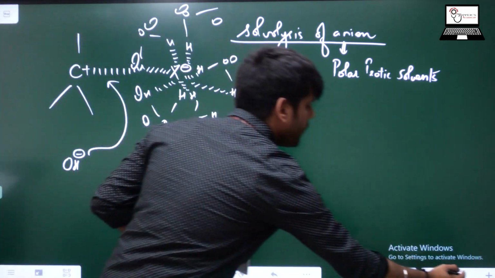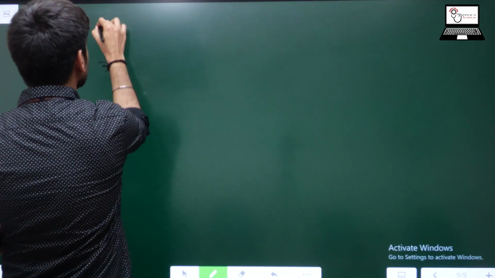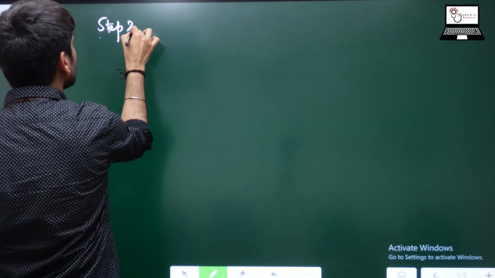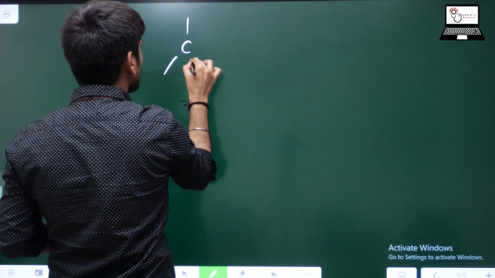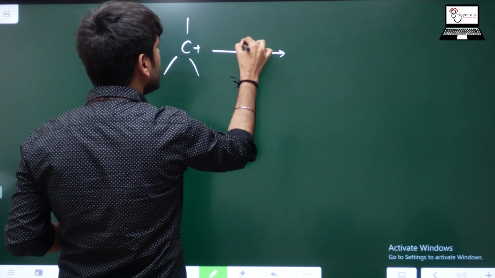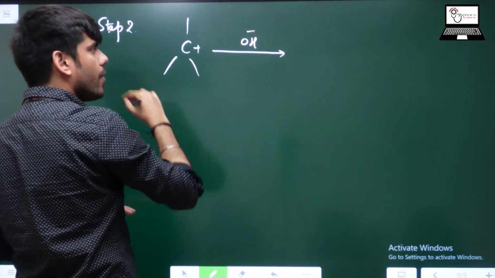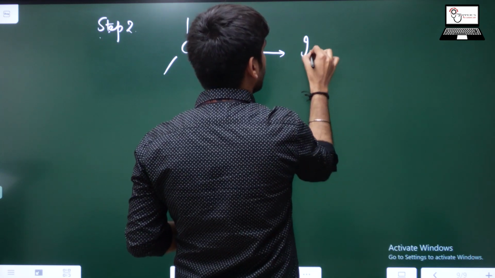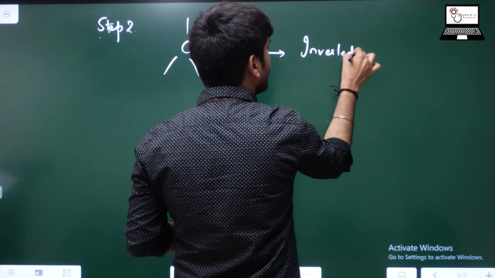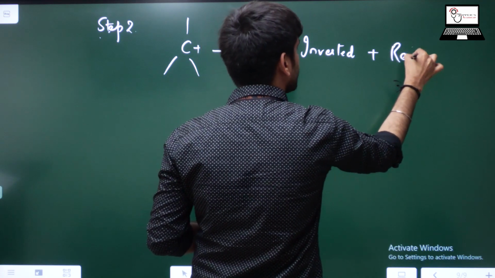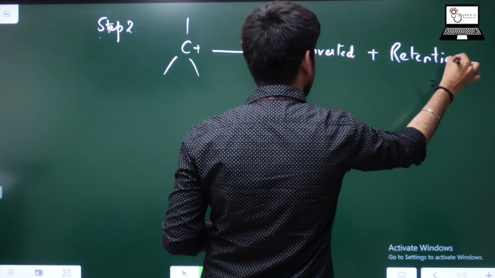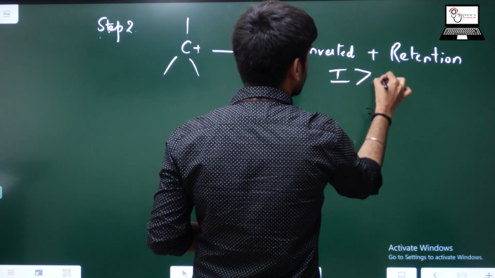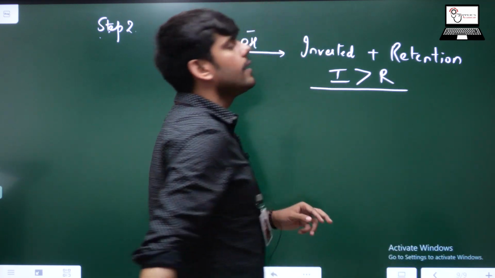So what we have is that in step number two, when I get this carbocation, the incoming nucleophile can attack from both the sides, and I have both types of product, inverted plus retention. Yes, the inverted product is somehow more than the retention product.